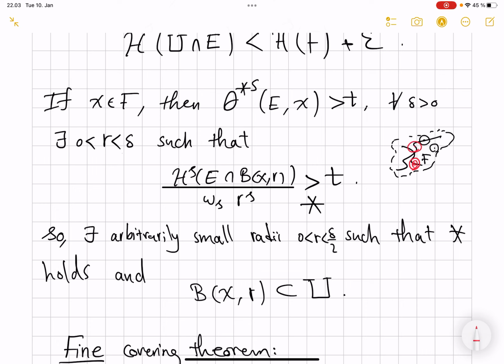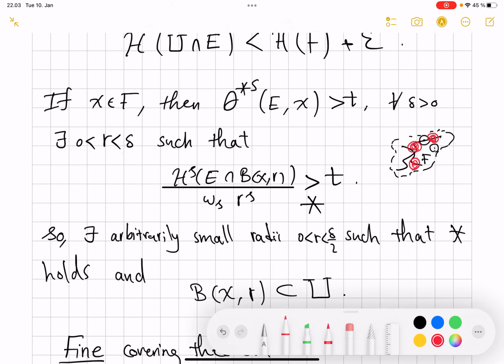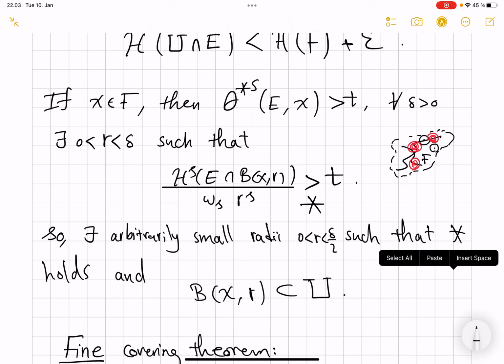So every point is covered, and you can find a ball of whatever small radius you wish while keeping this desired property. And that is a better covering than just having a union of balls. You can cover them at any scale you wish.